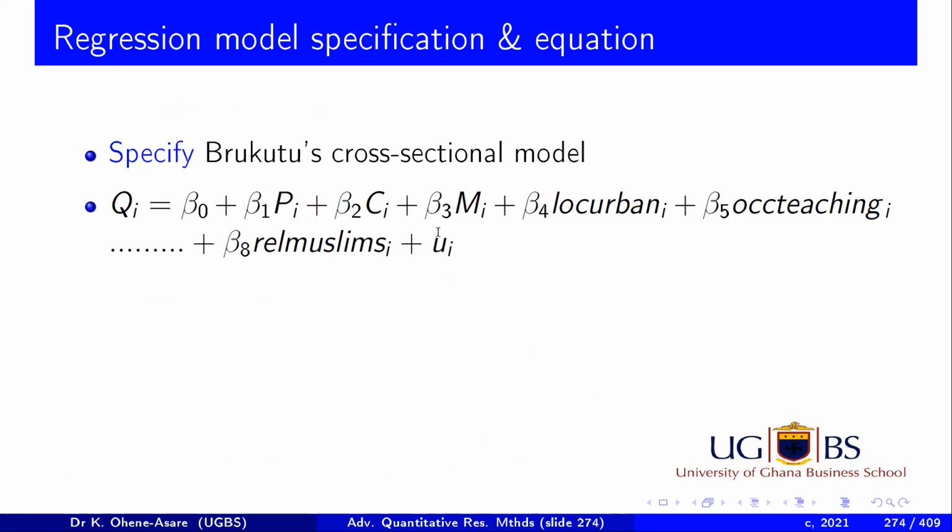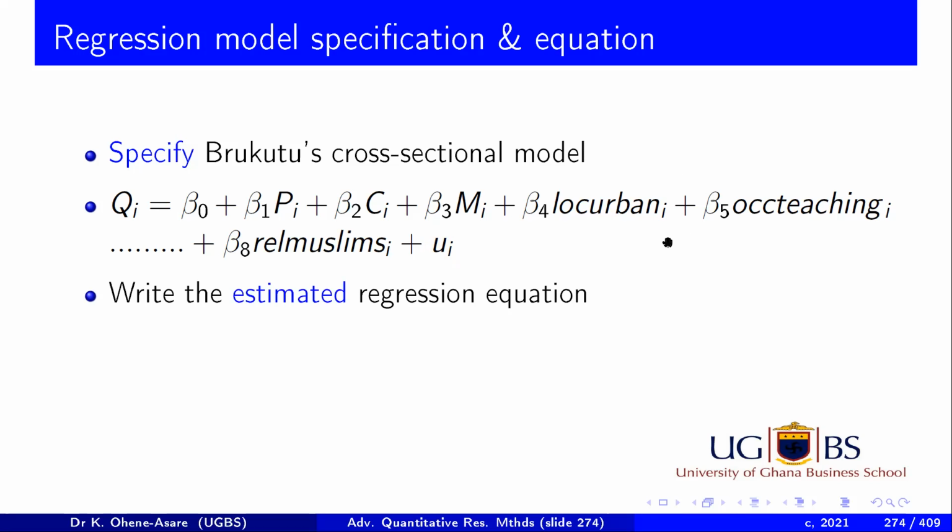The error term has been well incorporated in the analysis, right there. So it's very important to appreciate that. I have put the subscript i on each variable to indicate that this is a cross-sectional model, not a panel model. Of course, you will later learn about panel models.